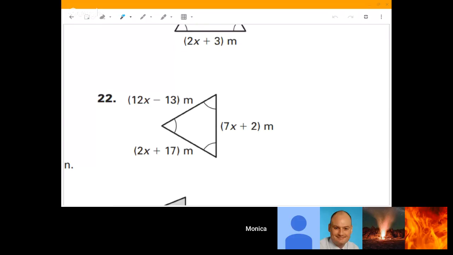Okay, Madison, number 22 on the worksheet. We're supposed to find the perimeter of that triangle, okay? So when we look at that, since we know that all of these angles are congruent, what does that tell us about all of the sides?